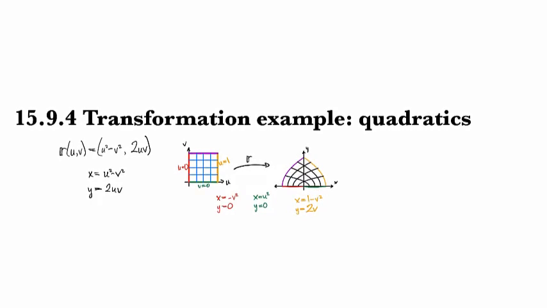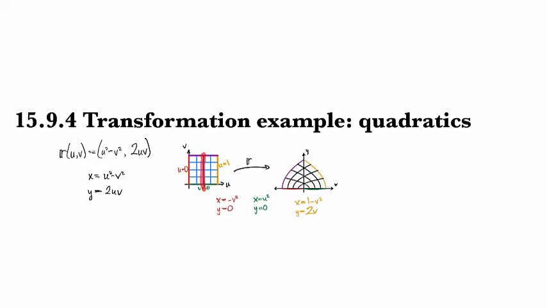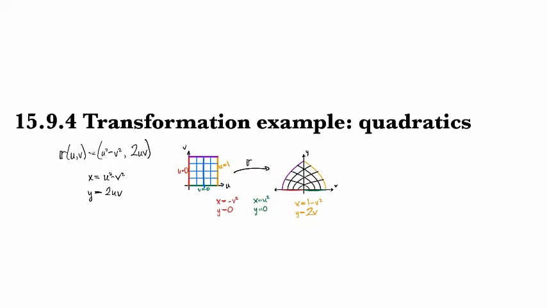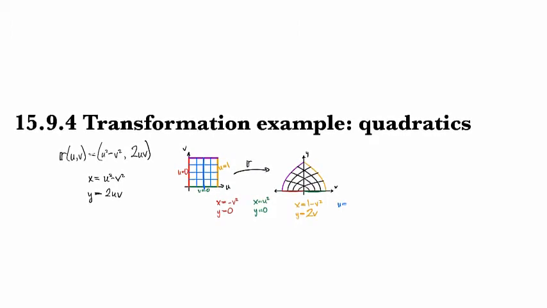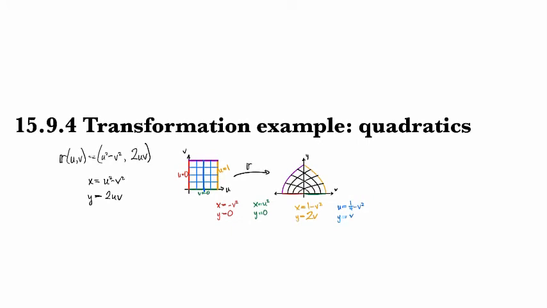And you can see that if I were to choose something else, just for grins, let's suppose we did this one right down the midway, where u is equal to 1/2. For that one, we would have x equals 1/4 minus v squared, y equals v.